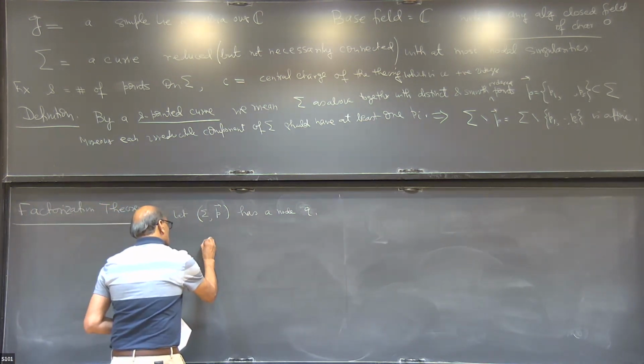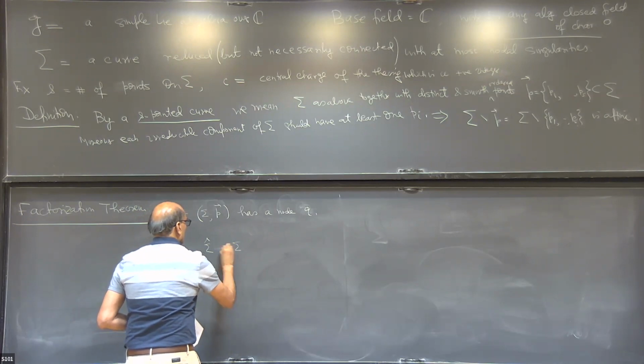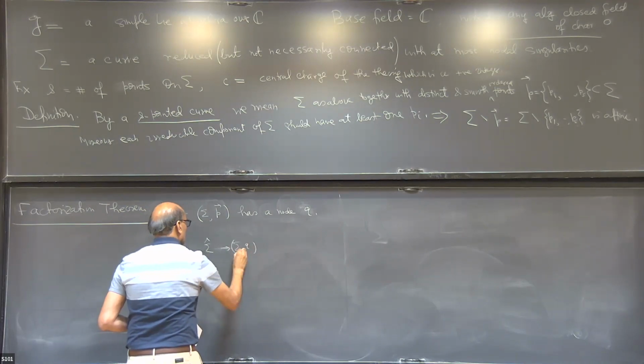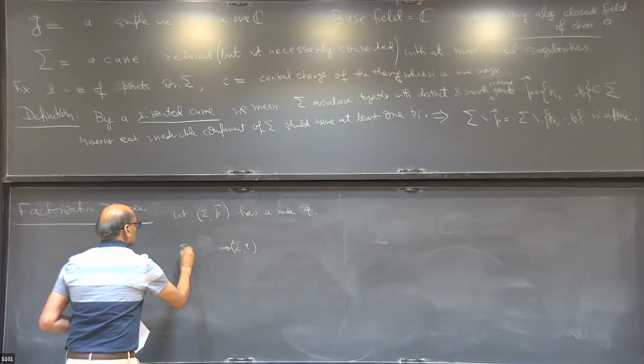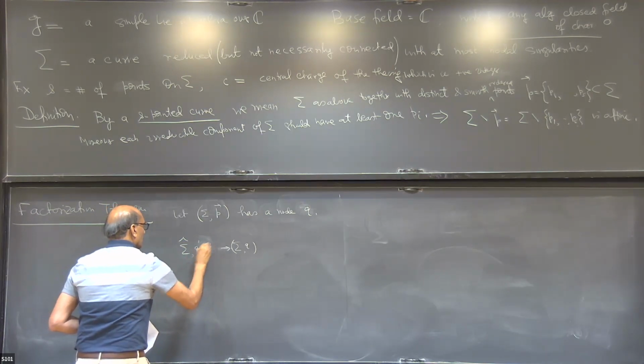And now let's normalize sigma at Q. And since it's a node, I will get 2 points over this.